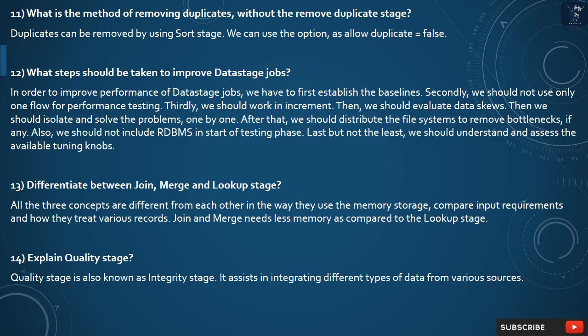Then we should isolate and solve the problems, one by one. After that, we should distribute the file systems to remove bottlenecks, if any. Also, we should not include RDBMS in the start of the testing phase. Last but not the least, we should understand and assess the available tuning knobs.